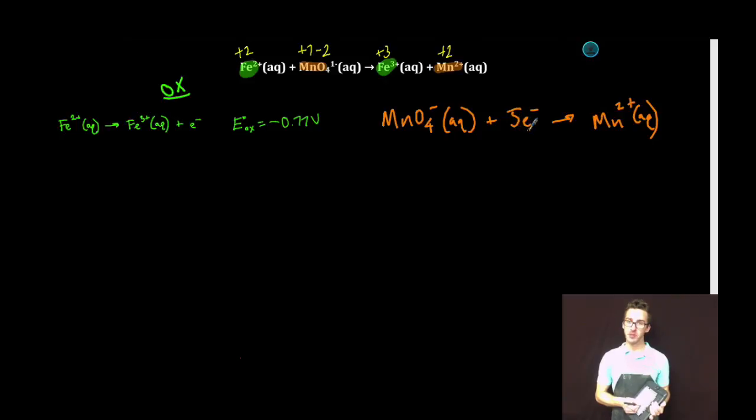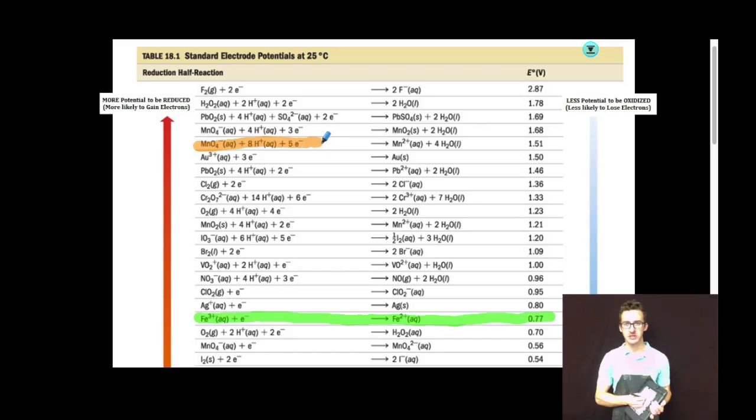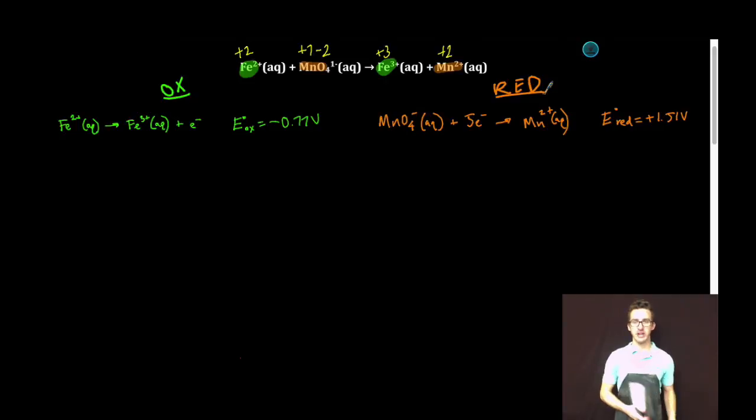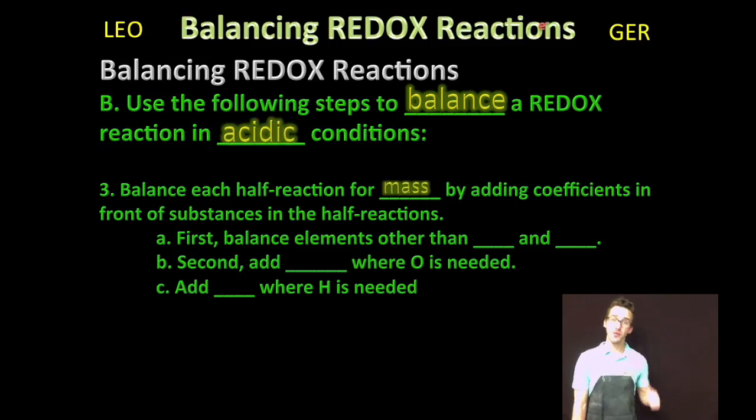As you think about the number of electrons that you're including here, just think about the oxidation states. In order for the manganese to go from +7 to +2, it must have gained 5 electrons. My reduction potential for the permanganate ion in acidic solution, positive 1.51 volts. Boom! Reduction half reaction.